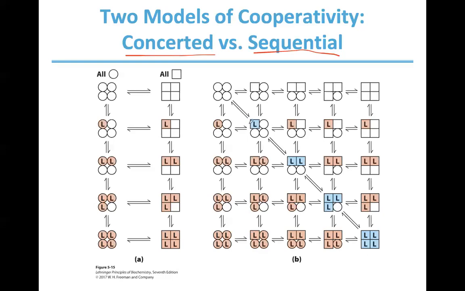If this ligand binds, it changes into a square, but the other ones can remain circles, or this ligand can dictate and tell this subunit to turn into a square. Sequential obviously has much more flexibility and many more possibilities, and the concerted one is simpler. But people have encountered both types of cooperativity.